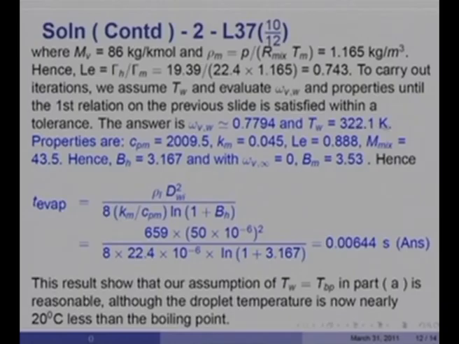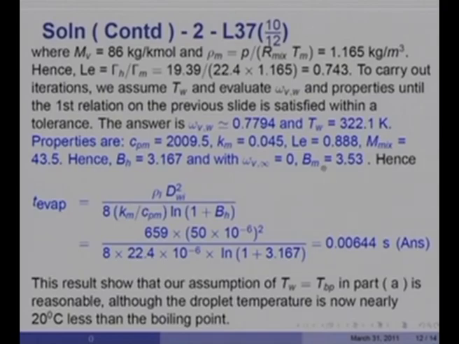For this, omega VW is 0.7794, and the mean properties turn out to be 2009.5 joules per kg per Kelvin specific heat, conductivity 0.045, Lewis number 0.888, and the mixture molecular weight 43.5, and BH would be 3.167, whereas BM would be 3.53, because omega V infinity is 0.